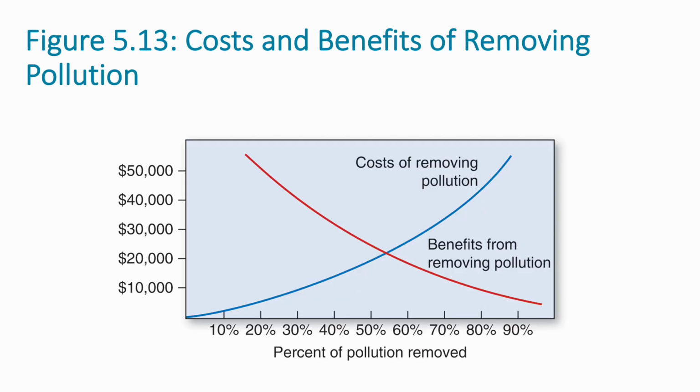This slide just illustrates what we talked about in the previous slide about finding that equilibrium point between the benefits of removing the pollution and the cost of removing the pollution. But we also have to take into account community outrage, reputation, and things like that. That's harder to quantify, but it's definitely an issue.